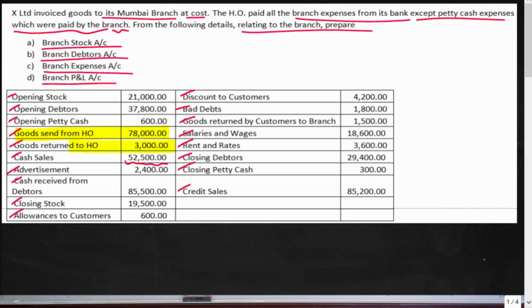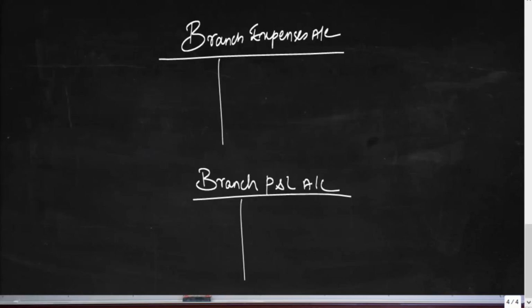Then we have advertisement. To advertisement, this is basically branch expense. So that should come under branch expense account rightly. So in branch expense, let me write to bank. Various expenses have to be factored, so let me simply keep it in brackets now. It is 2,400, that is basically advertisement.